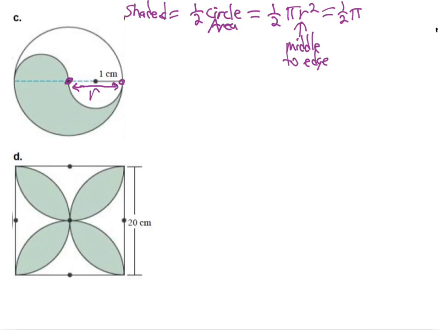What does the radius look like it is? If this is 1 and this is 1, the whole radius must be 2, huh? So 2 squared. Like that. So that's going to be a half of pi times 4. Half of 4? 2. 2 pi. So 2 pi is the area. And again, that's square centimeters.